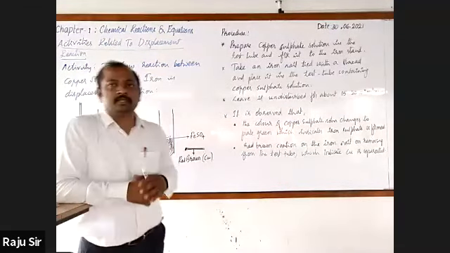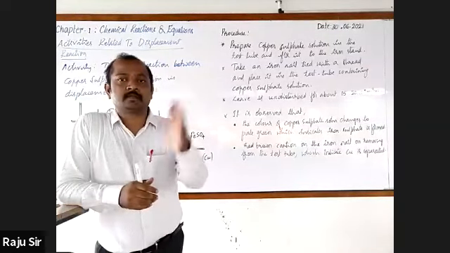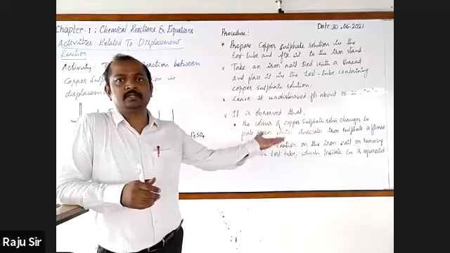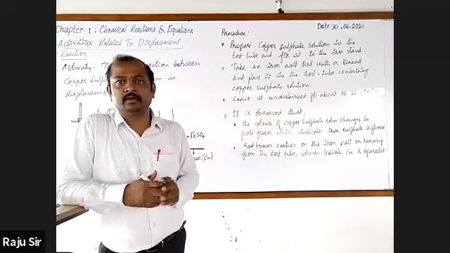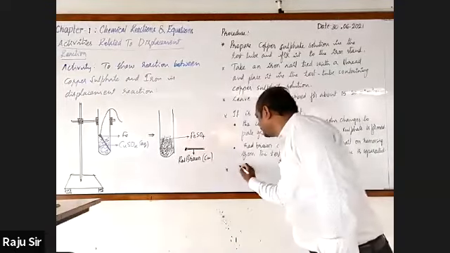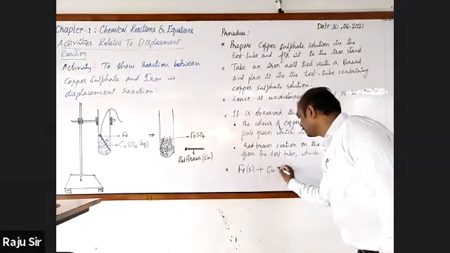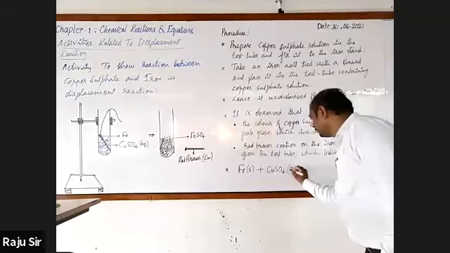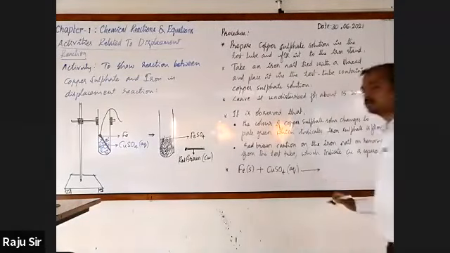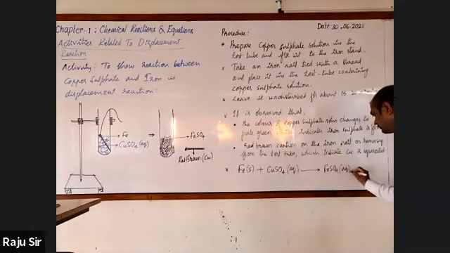Why is iron sulfate formed? Because iron has displaced copper from copper sulfate. The reason is iron is more reactive than copper. Now we can write the chemical equation as: Fe, this is solid, plus CuSO4, aqueous, gives rise to FeSO4, aqueous, plus Cu.